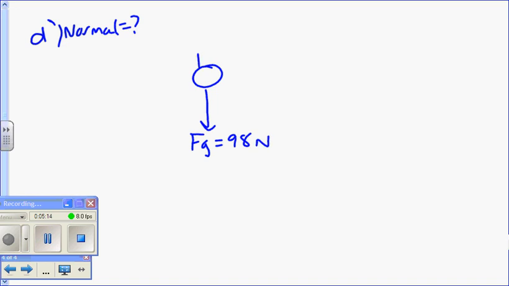And up, we've got normal, and we also have FAY, which is 65 sine 30 in the up direction. When you find normal, the guiding principle is that up force equals down force. You're assuming there's no motion in this case. If it was accelerating up or down, that'd be different, but when you're on a solid surface like the ground, up equals down.